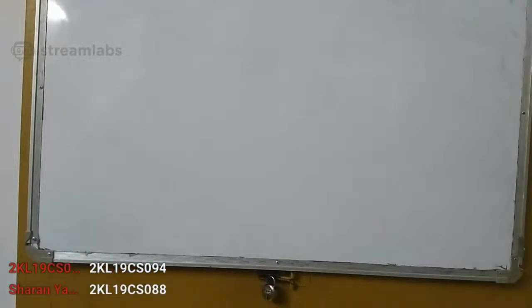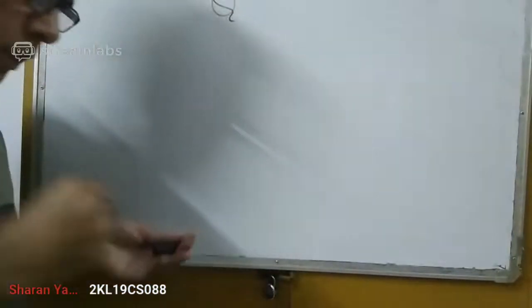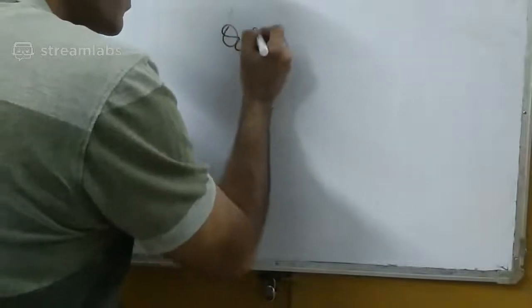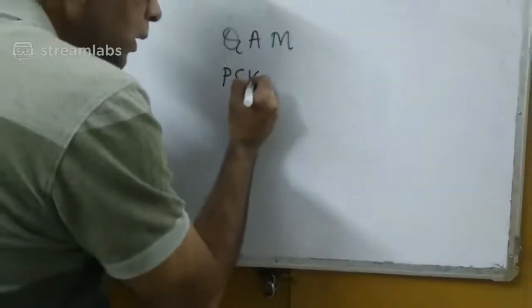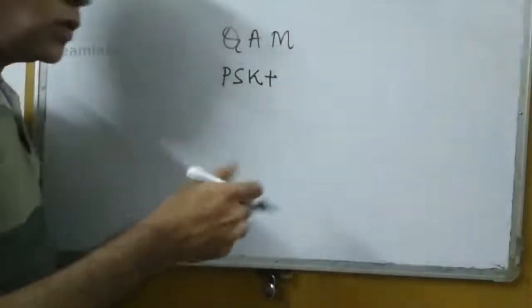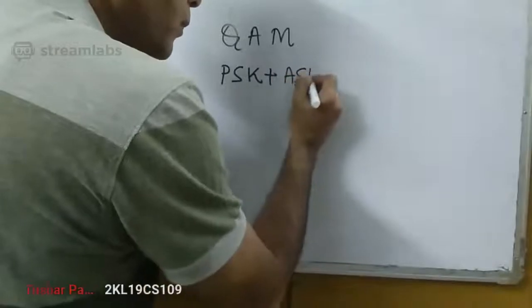For that, first I need some background to know how exactly this amplitude is going to be represented in the form of a vector. So this discussion is all about QAM. Basically it is a combination of two things. One is PSK, another is ASK.